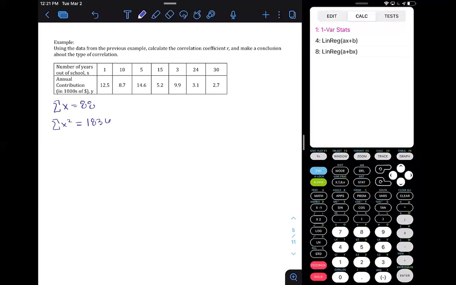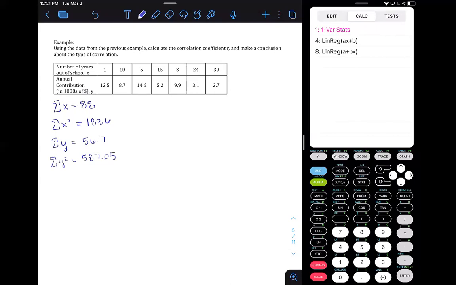If you hit your down arrow, it'll give you your summation of y, 56.7, and also your summation of y squared, which is 587.05.